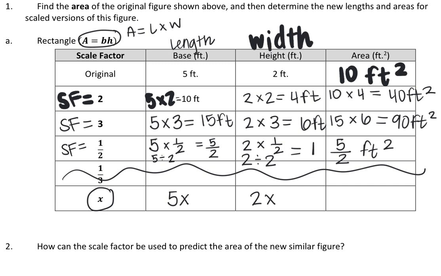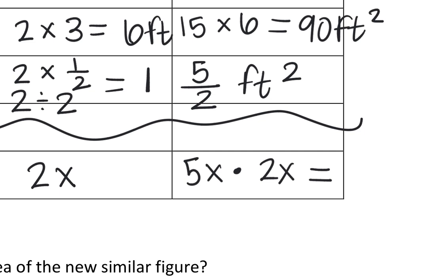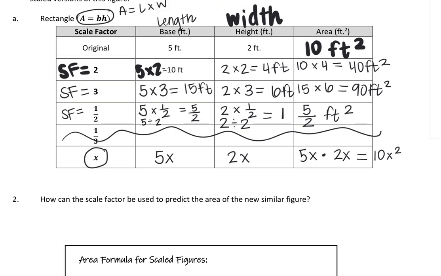Okay, so I would have to get my area, I would have to multiply these two parts, right? 5x multiplied by 2x. When I work this out, I would get, 5 times 2 is 10. x and x is x squared. So what's happening is that you're grabbing this scale factor and you're actually squaring it. And that tells you how much bigger it's going to be from the original.